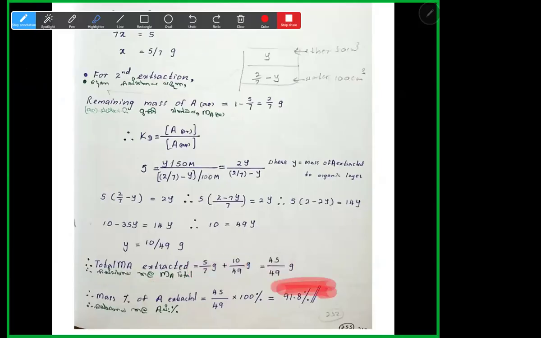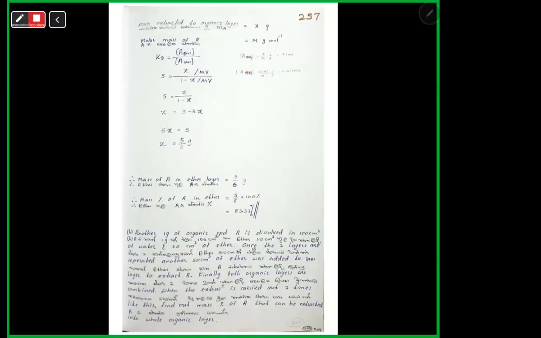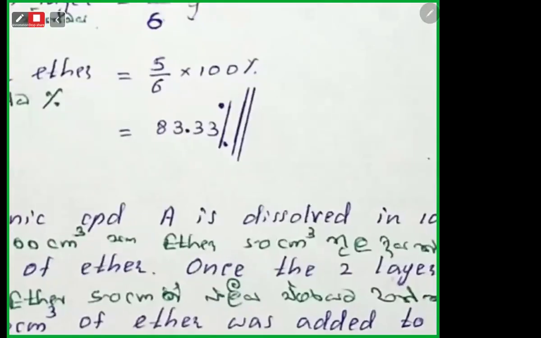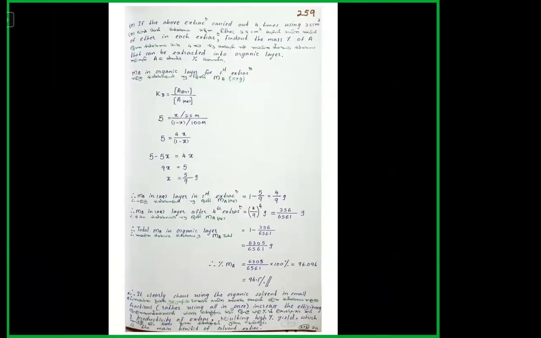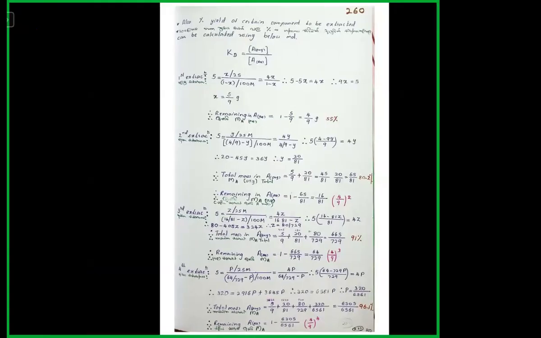As a percentage, that is 91.8. But earlier, it was 83.33. See, the efficiency increases when you use smaller portions. You can go with 10 into 5 four times, or 10 into 5 times and so on. Each time you would see that the amount extracted is increasing.